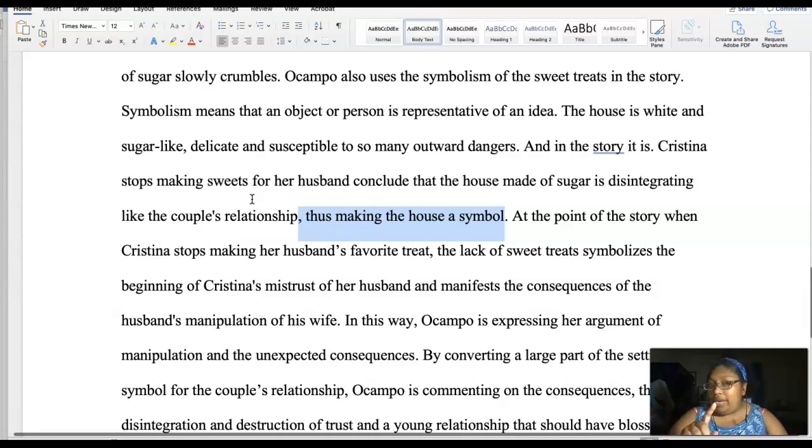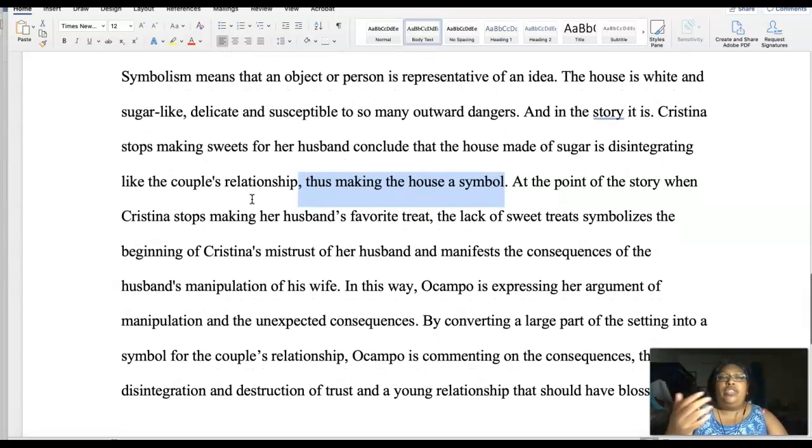It's almost like you're comparing it, but not really. It's almost like you're saying, all right, this is a symbol for this couple's relationship, or this is a symbol for, let's say the television in Harrison Bergeron can be a symbol for the detachment of the parents from Harrison. They can see him, but he can't see them.